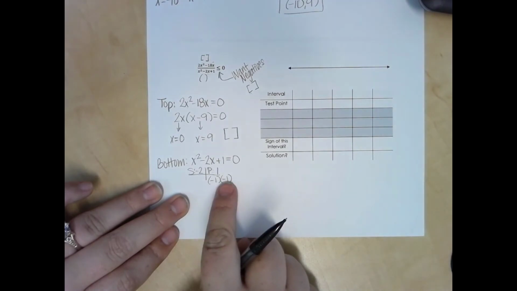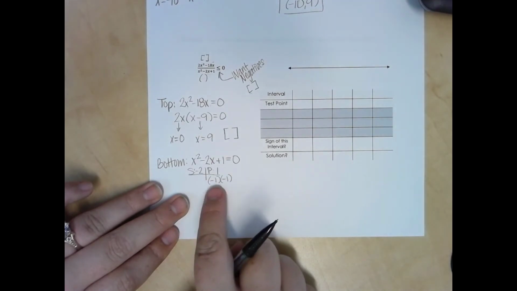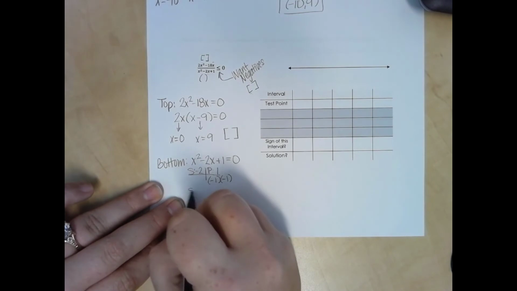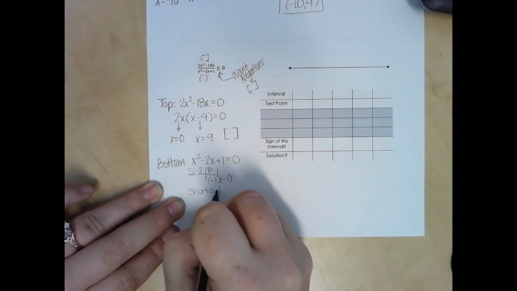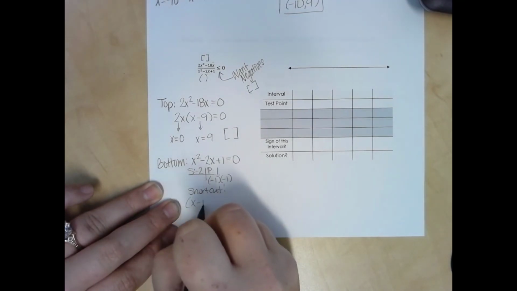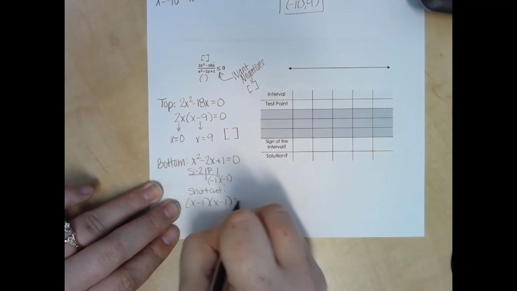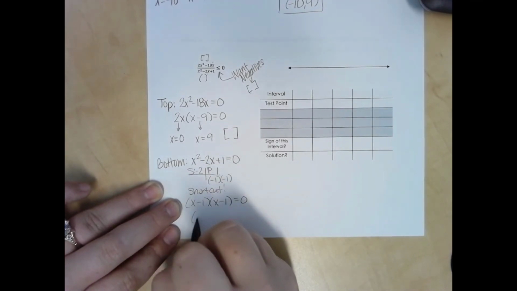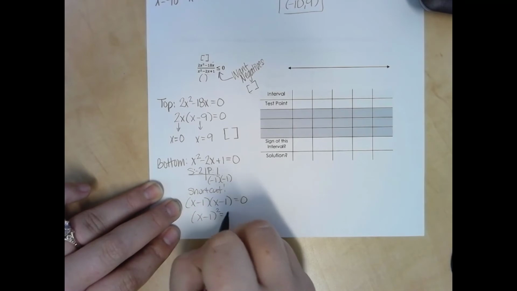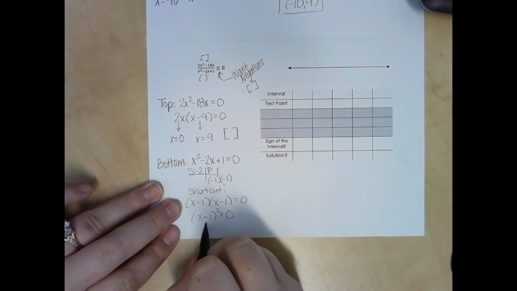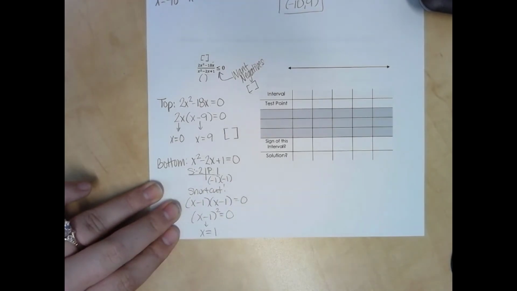Because negative 1 times negative 1 gives me positive 1, and negative 1 minus 1 gives me negative 2. And then using the shortcut, I know this factors into x minus 1 times x minus 1, right? Or we can write it as x minus 1 squared. Okay, so when I solve this, I end up with x equals positive 1.